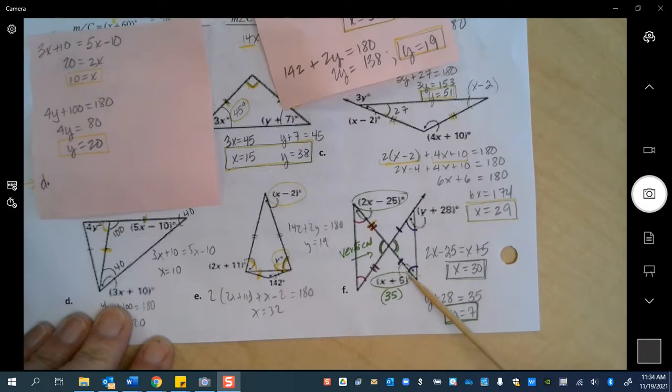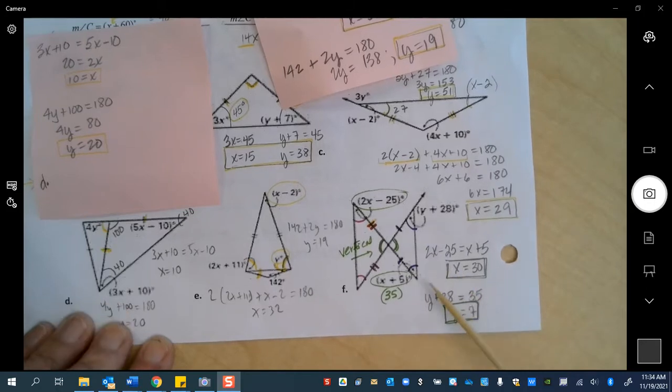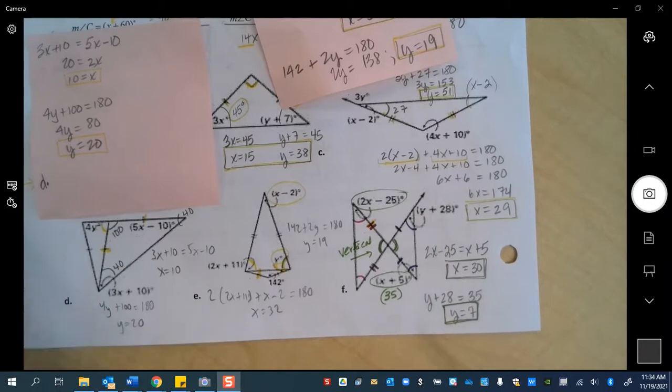Are you with me on that leap? So once I have that conversation, I can set 2x minus 25 equal to x plus 5. I can get a value of 30 for x, meaning this is a 35-degree angle. Guess what? So is this and this and this. They're all 35-degree angles. Does everybody get that?